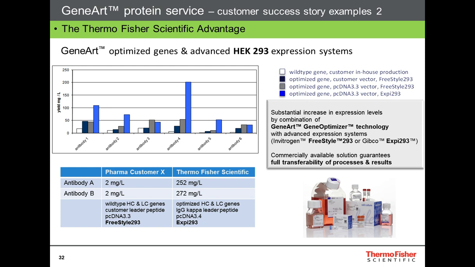The next example was different iterations, I would say, of combinations of gene, vector, and production cell line.